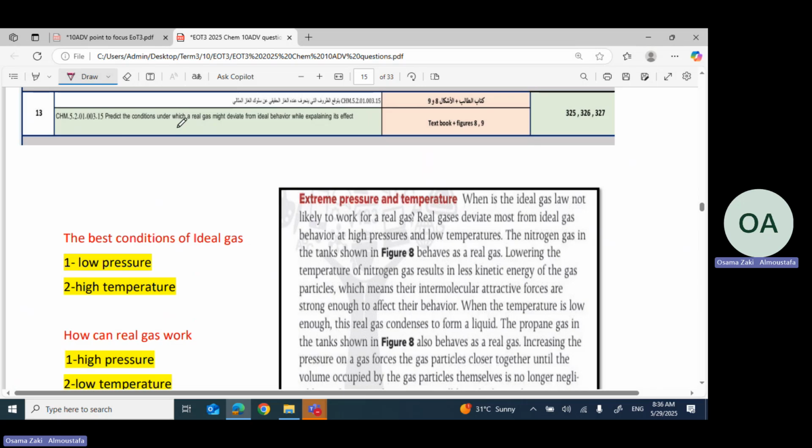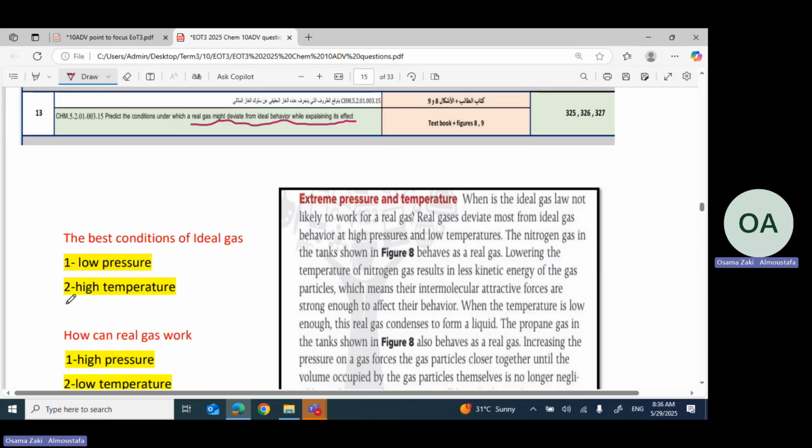Okay, question number 13. Predict the conditions under which a real gas may deviate from ideal gas behavior while explaining its effect. Okay, so the best conditions for ideal gas are what? Low pressure and high temperature.